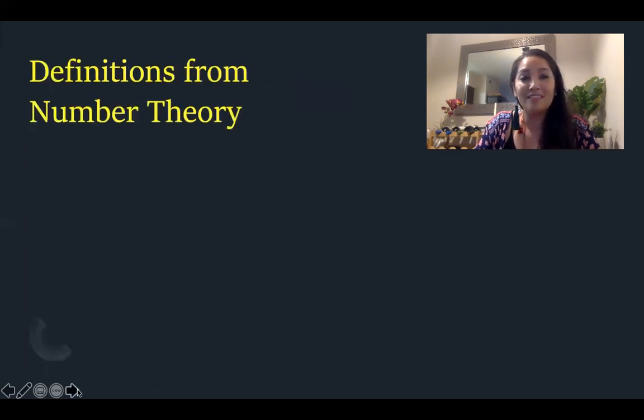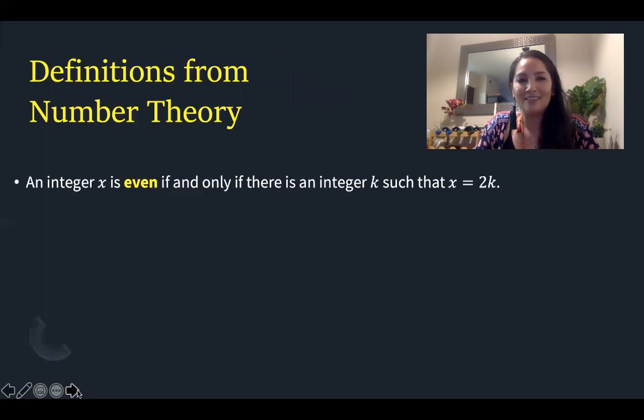A few other definitions that you'll probably need if you're trying to learn to prove things are these definitions of even, odd, prime, and so on. We say that an integer x is even if and only if there is an integer k such that x is equal to 2 times k.